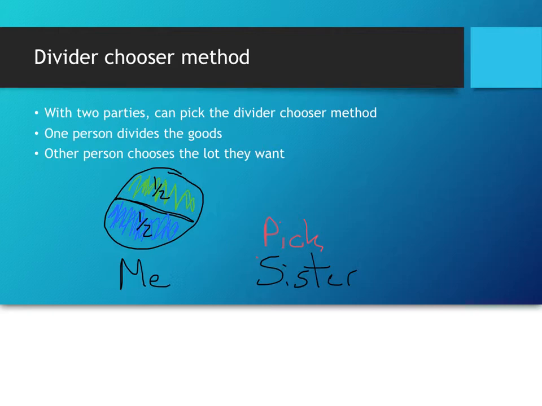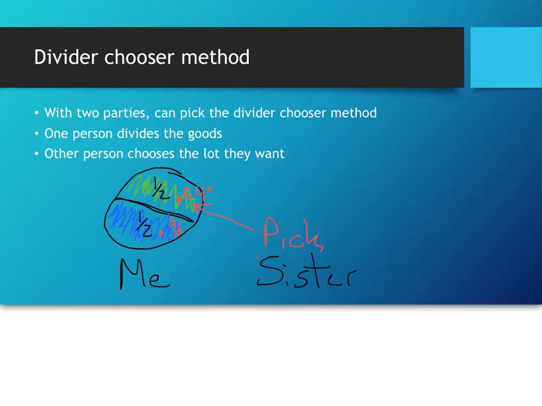Okay? Now in my sister's eyes, this might be slightly over half. Maybe this side, she thinks this is worth 54%. I'll just put 0.54. And she might think this is worth 46%. So she's obviously going to pick the one she thinks she values more.